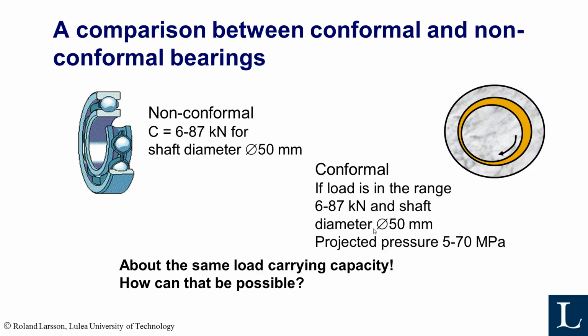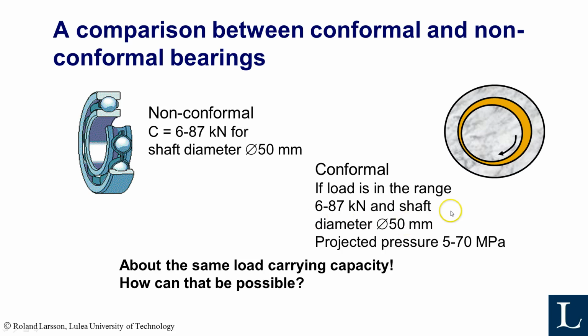If you compare a rolling element bearing with a journal bearing, you may find that it's maybe a little bit unexpected that this non-conformal contact in the ball bearing here can actually carry as much load as the conformal bearing, the journal bearing here. If you see in a bearing catalog, you may find that a bearing with inner diameter of 50 millimeter may carry a load something like 6 to 87 kilonewtons.